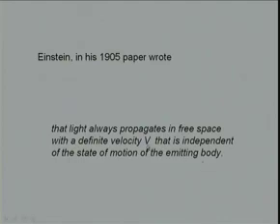This quantity v these days we replace by a symbol small c. So, the velocity of light is independent of the state of motion of the emitting body.